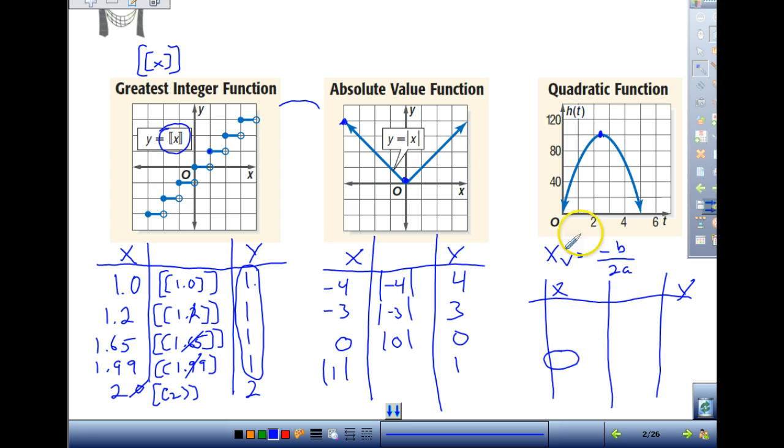Then pick some numbers to the left. So this value would be like 2 1/4 maybe. And I'd plug in 2, I'd plug in 1, I'd plug in 0 on that side. And then I'd plug in 3, 4, and 5 maybe on the other side. But I always wanted to know where the middle of the graph was, and then pick points above and below.